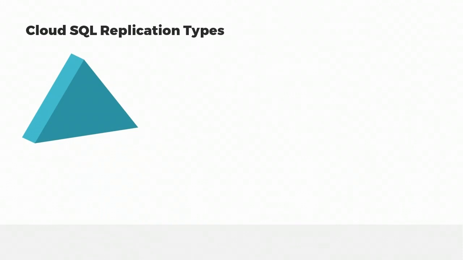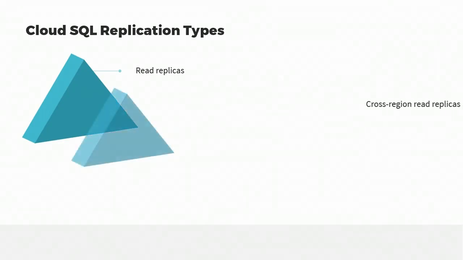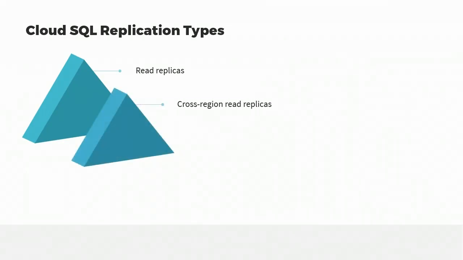There are a few different types of Cloud SQL replication. There are read replicas, which is exactly what you would expect: a way for us to read data, not write data, so it's a way to scale our read operations. We can also have cross-region read replicas, which means that we can have data stored in multiple regions and read from whichever database is closest to the user that's actually querying the information.